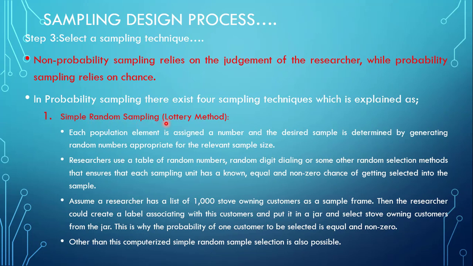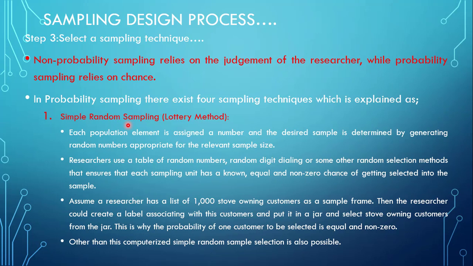So this is one method. Again, you could use tables to draw samples using simple random sampling, and then you have computerized systems that will help you to draw samples using simple random sampling. But first you need to have the list, the random list. You are not going to arrange it alphabetically or whatever it is.